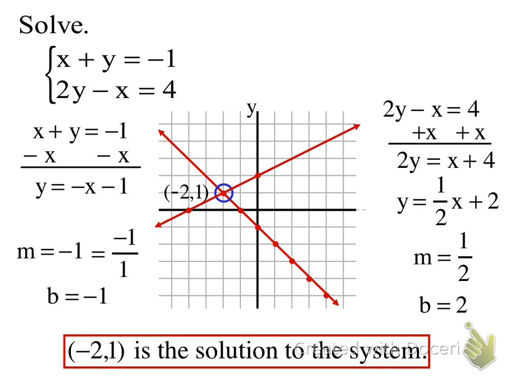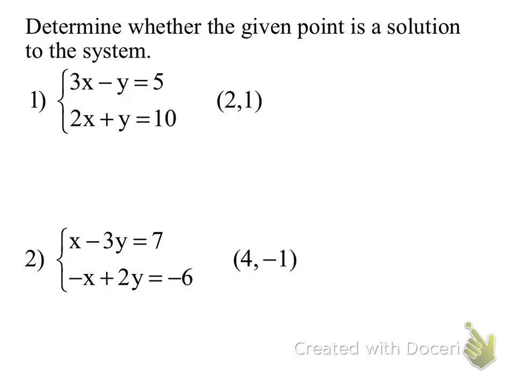Okay, questions there? This also means that whatever the solution is should work in the equation and make both sides equivalent. So, when given the question like this, determine whether the point is a solution. I'm going to take the original equation and substitute in. 3 times 2 minus 1 equals 5. 6 minus 1 is 5. 5 equals 5.